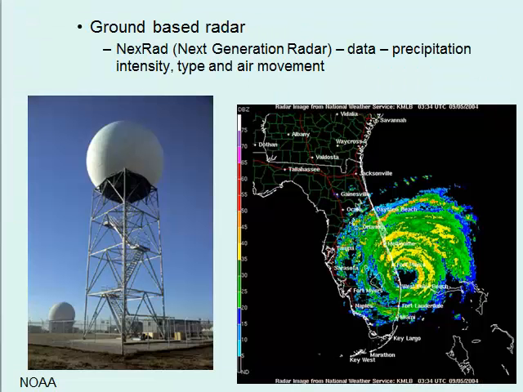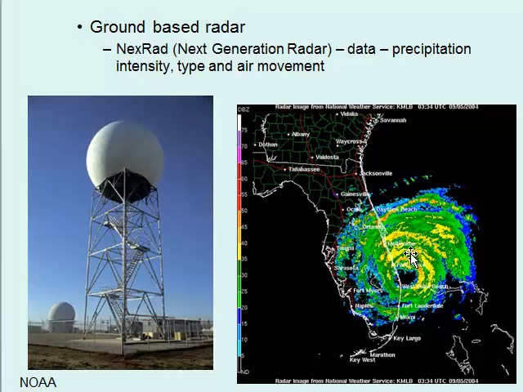There are also ground-based radar stations, or NEXRAD. These are stations that shoot radar waves through the atmosphere, through the troposphere, to track where precipitation is occurring and what the intensity is, and then how fast that air and that precipitation is moving, what type it is, rain, hail, and that sort of thing.